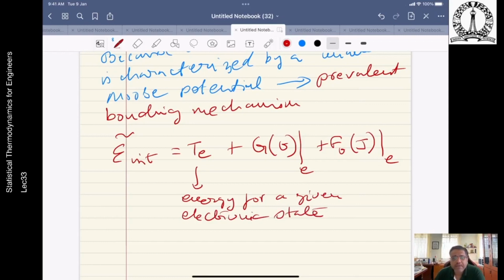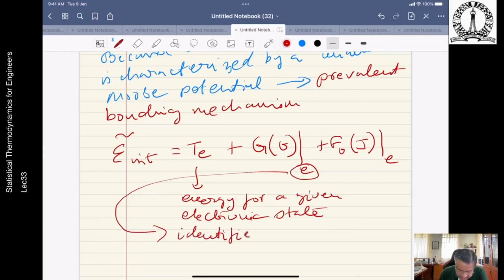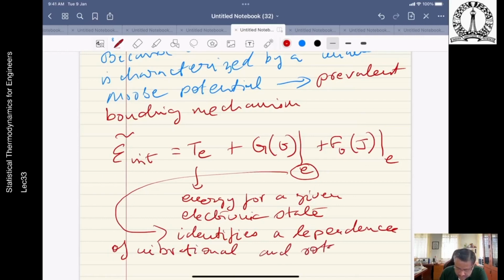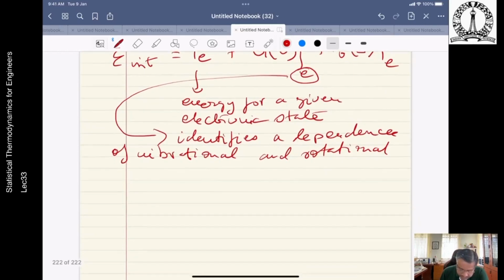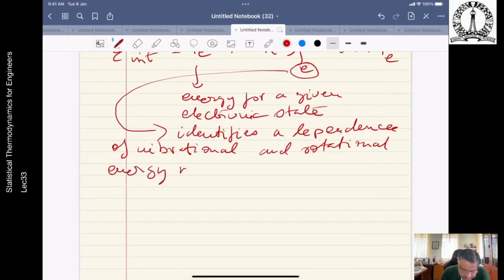The subscript E that you see over here identifies a dependence of vibrational and rotational energy modes on the electronic state.